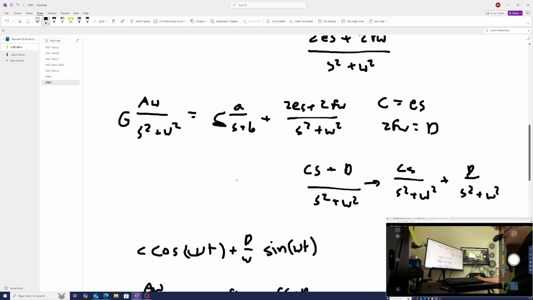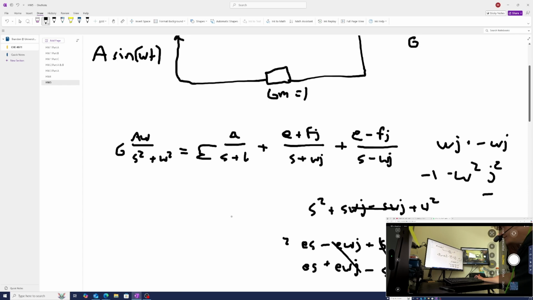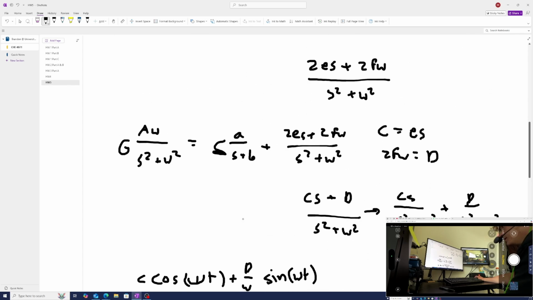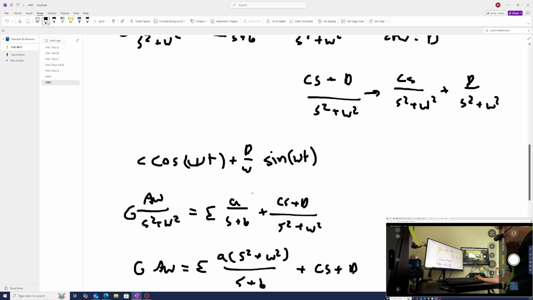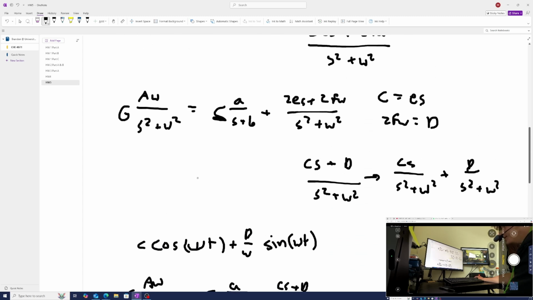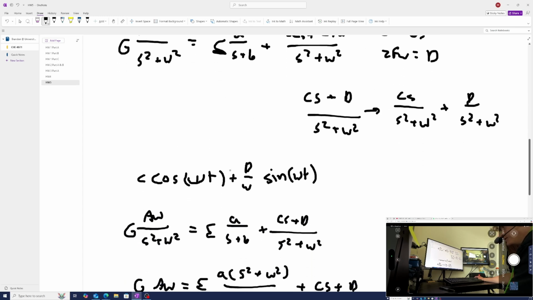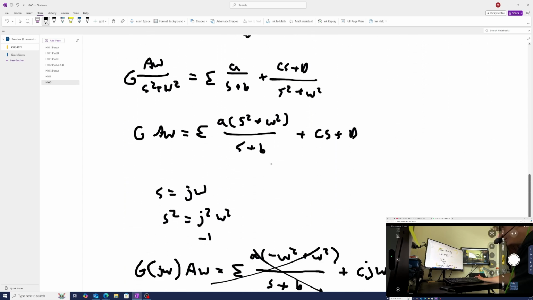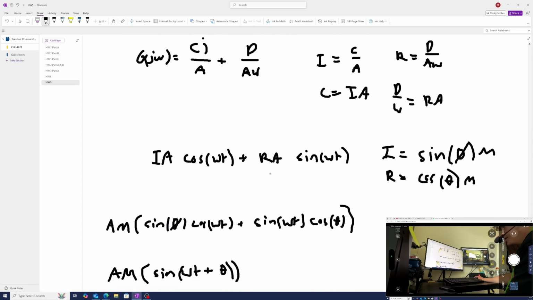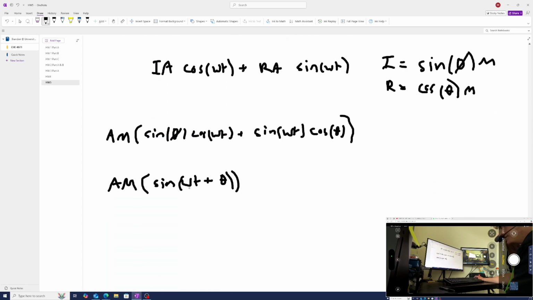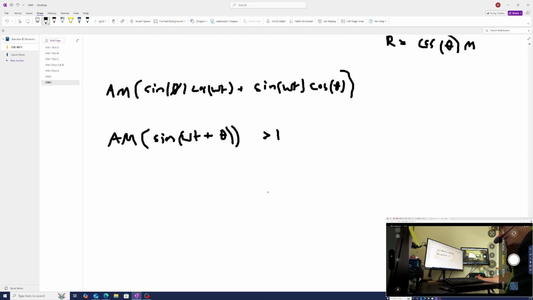And what this shows, as we go back to our original analysis, is that this is a representation of our system's frequency response. So what we know is that if this comes back higher than 1, so if this is greater than 1, our response to that frequency will continue to increase infinitely, and our system will then blow up.